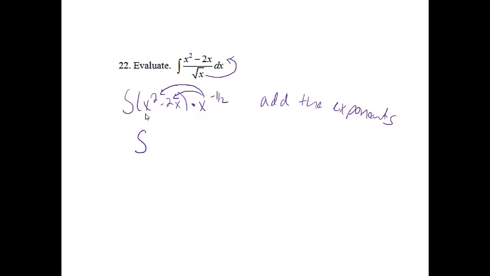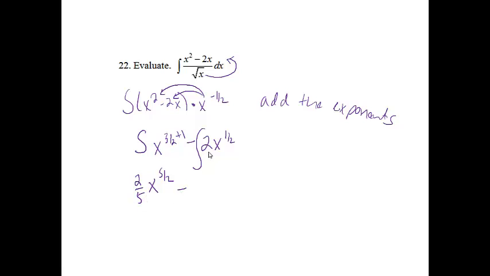Right, so x to the 2 and x to the negative 1/2 will be x to the 3/2 minus 2 x to the 1 and x to the negative 1/2 would be x to the 1/2. And since there's a minus sign, we can go ahead and treat both of them as two separate integrals. And for each one of them, I will increase my power by 1. So 3/2 plus 1 will be 5/2, and I do the reciprocal on the outside, so it will be 2/5.